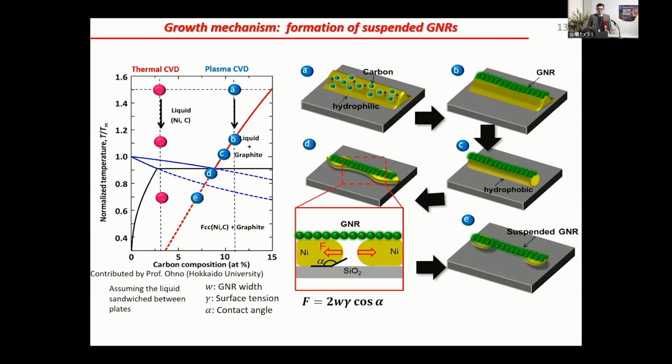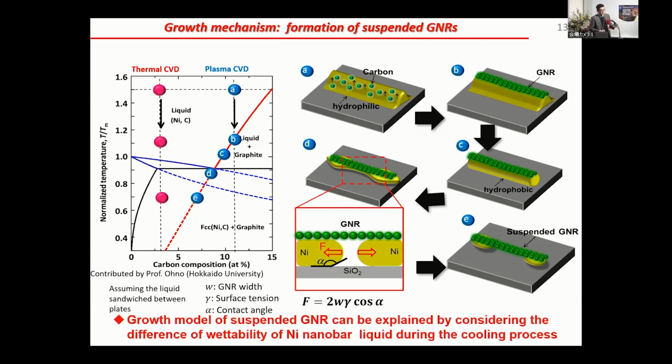We're not 100% sure this mechanism is really true or not, but by following this mechanism, we can say that controlling the carbon density inside the liquid phase nickel just before cooling seems to be very important to control the stability and also the success of this process.